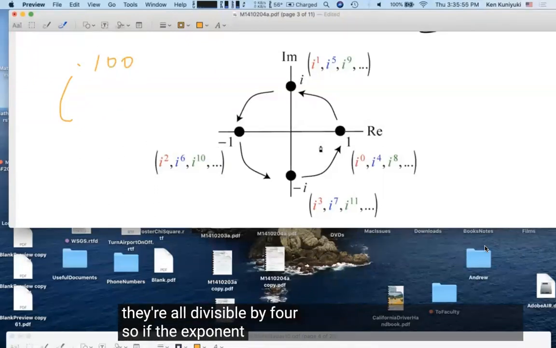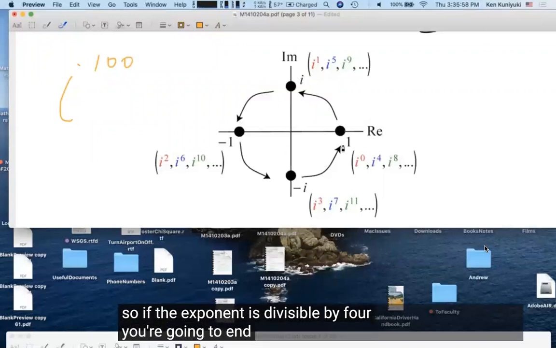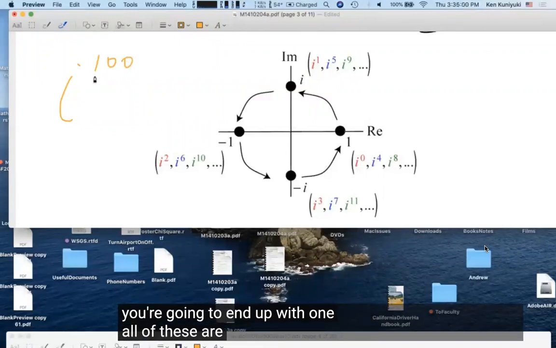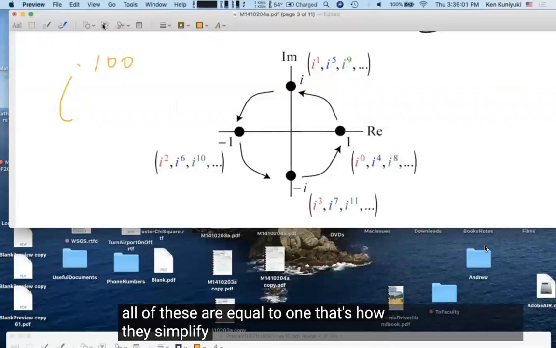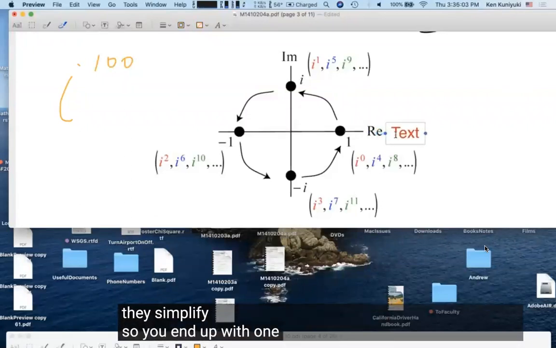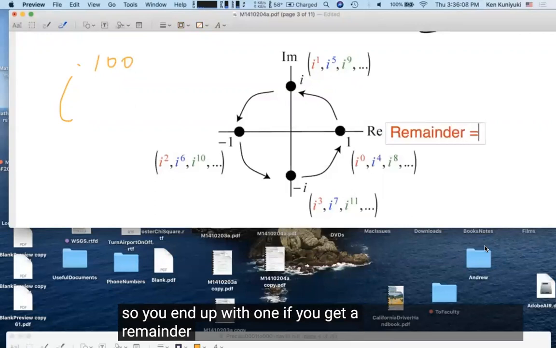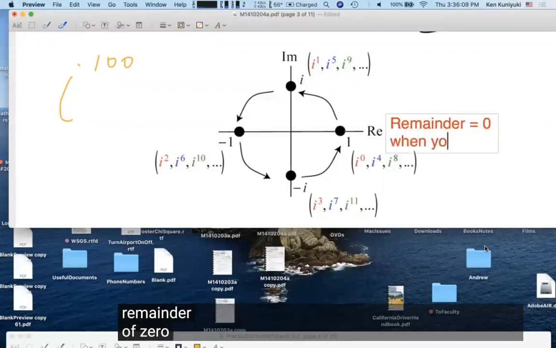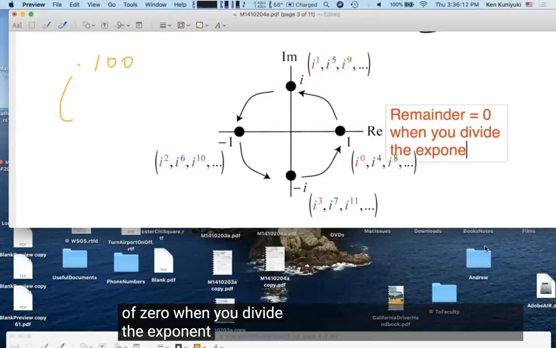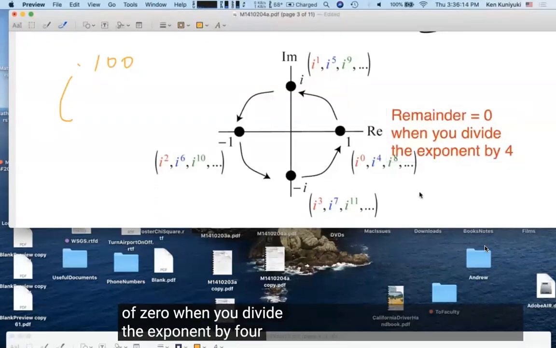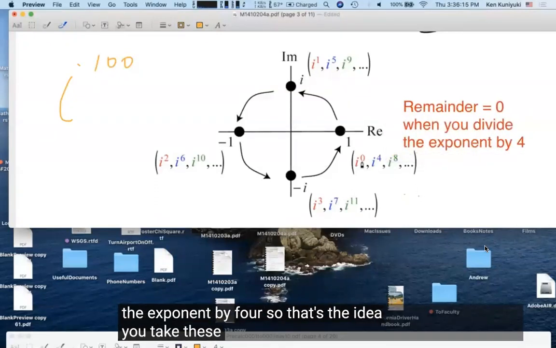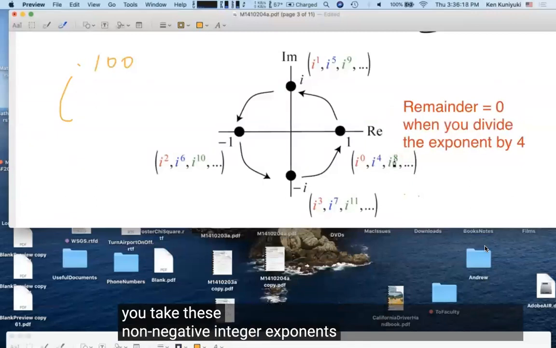So if the exponent is divisible by 4, you're going to end up with 1. All of these are equal to 1. That's how they simplify. So you end up with 1 if you get a remainder of 0 when you divide the exponent by 4. So that's the idea. You take these non-negative integer exponents.